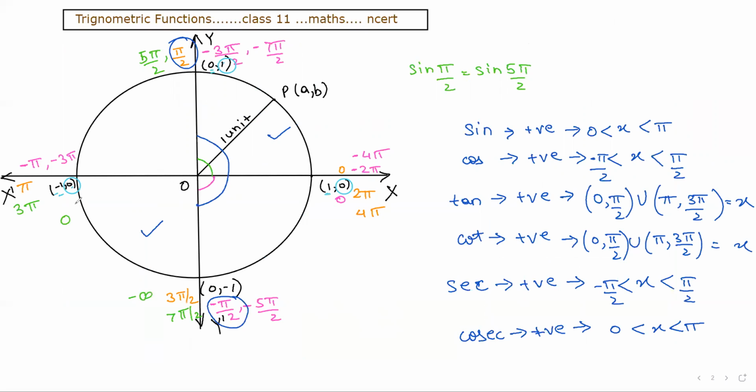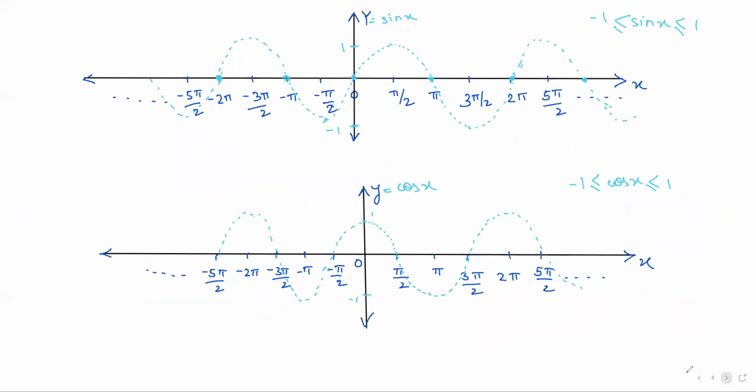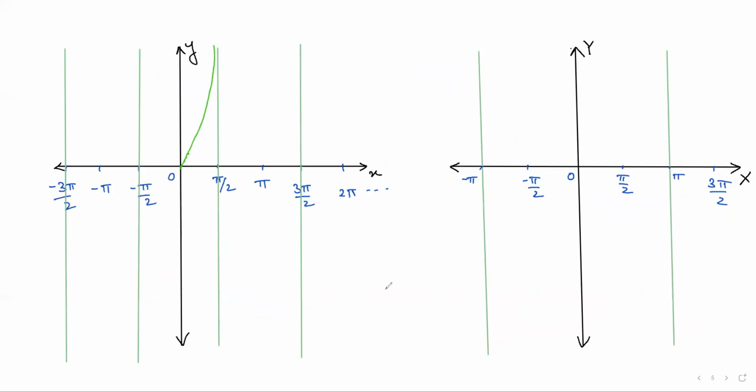Here you have 0, and here you have infinity. Here you have 0. So if you consider from this minus infinity to infinity, your value is increasing. Your value is increasing from minus infinity to infinity.